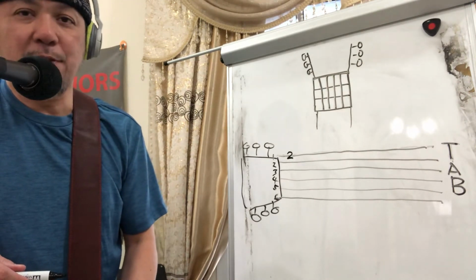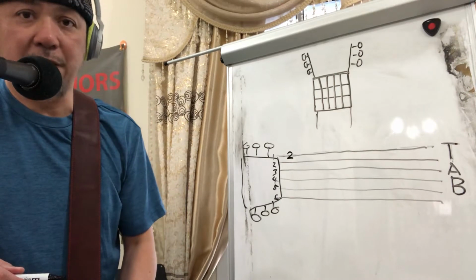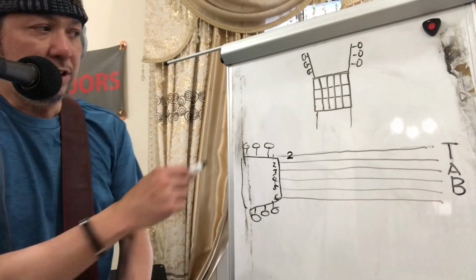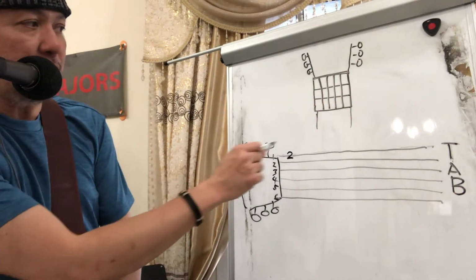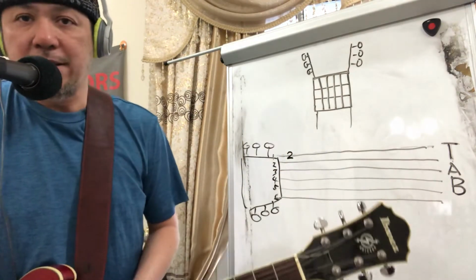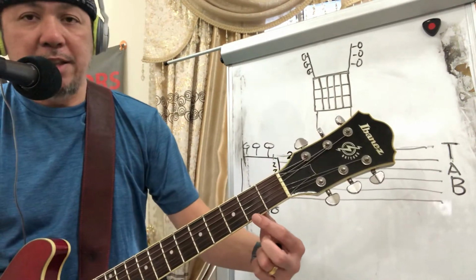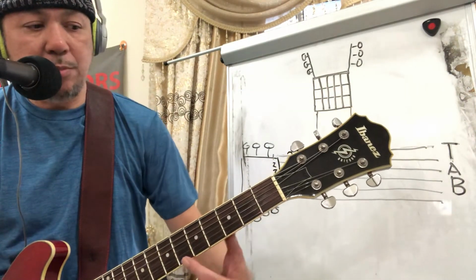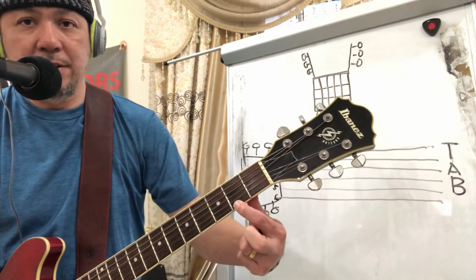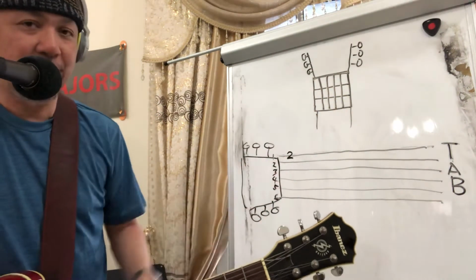So if you see numbers in the tabs, it represents the frets. So in this case, the number is hanging on string number 1. So it is 2nd fret of string number 1. So when we're going to play it, it will be like this. String number 1, 2nd fret. Very easy. So that represents that particular note.